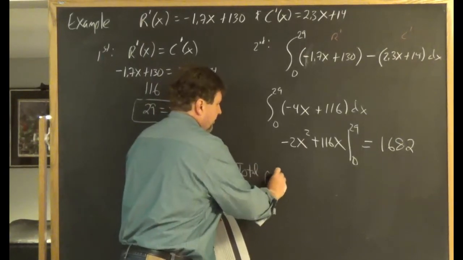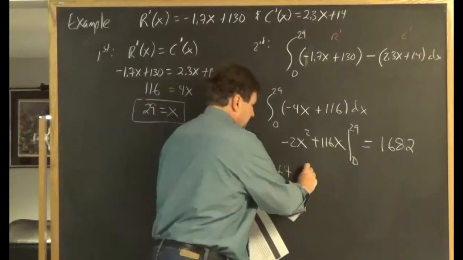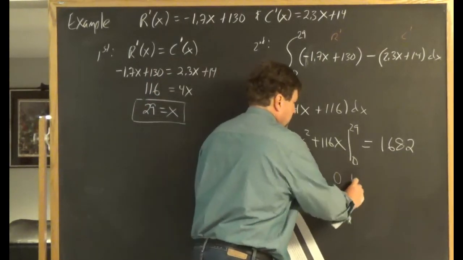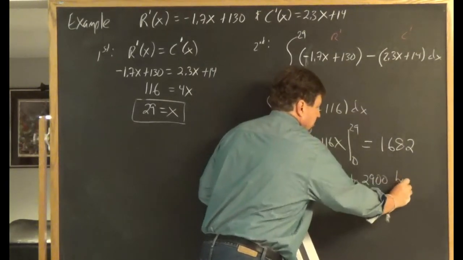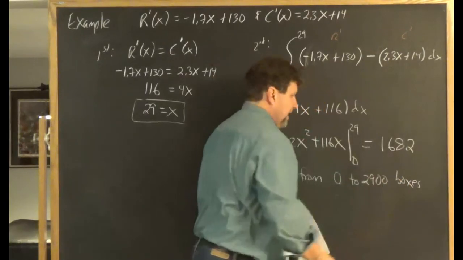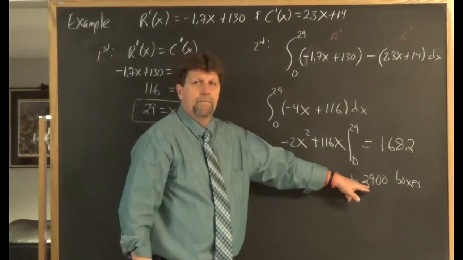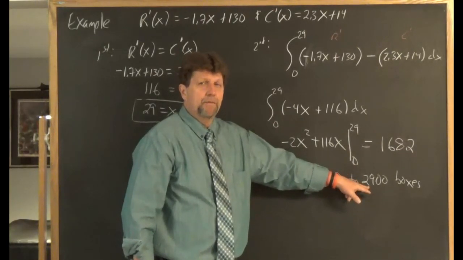So this means the total profit from 0 to 2,900 boxes of this mocha mint tea. Where does the 2,900 come from? Well, look again at the words in the example.